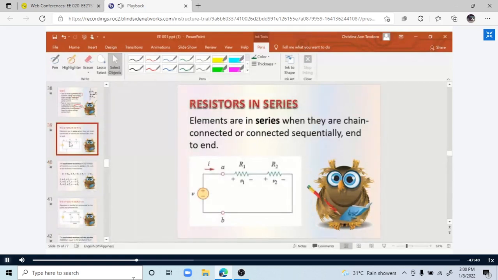Just imagine that I have 1 liter of water, and that 1 liter of water is my current. When I start this circuit, that 1 liter of water will flow from here to here to here, and it will energize your R1. It's still 1 liter, correct?